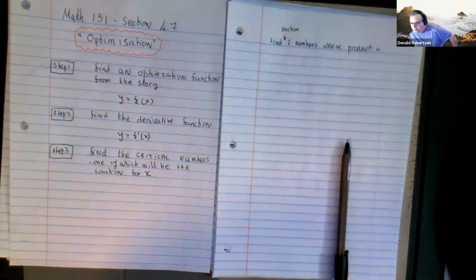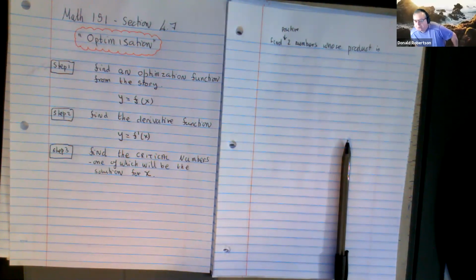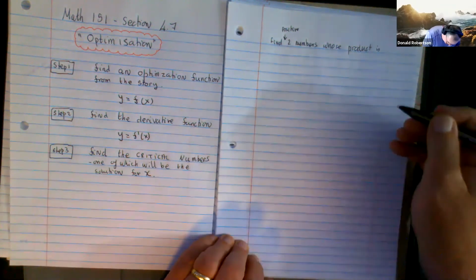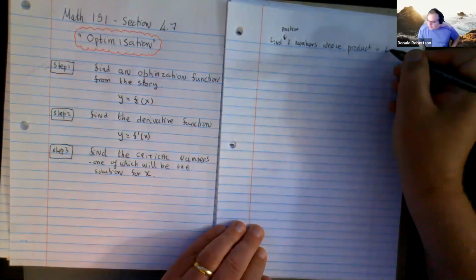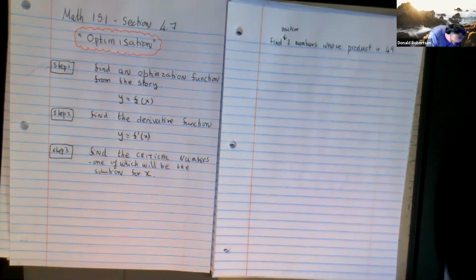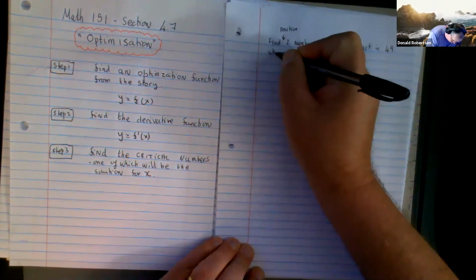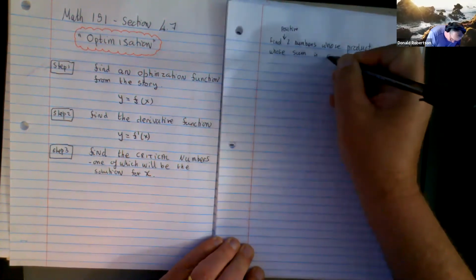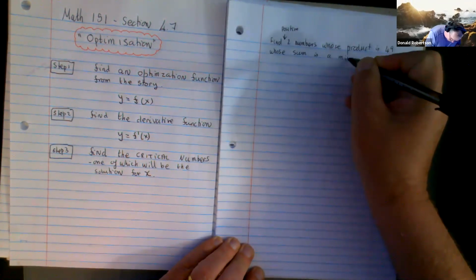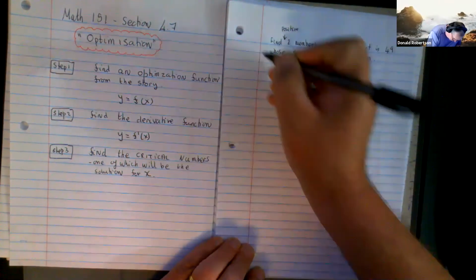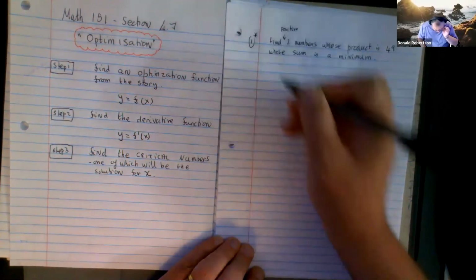What do you want these two numbers to multiply by? 49. No, that's pretty boring. That's the one in front of me, but we'll do 49. And whose sum is a minimum. Right, so this is actually version question 1.